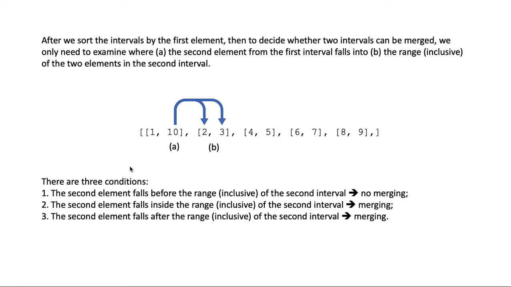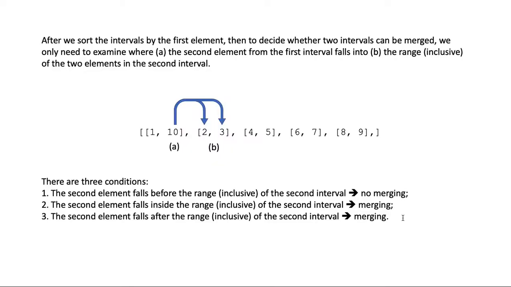And there are only three conditions here. First, the element falls before the range, which means no merging is necessary. Second, the element falls inside the range, which means merging. Third, the element falls after the range.